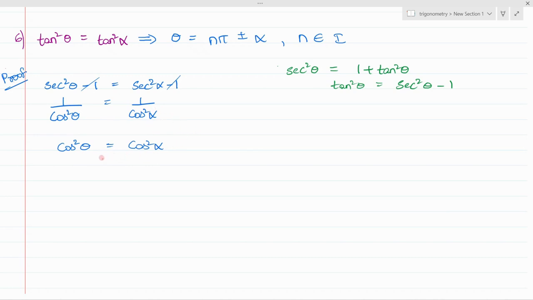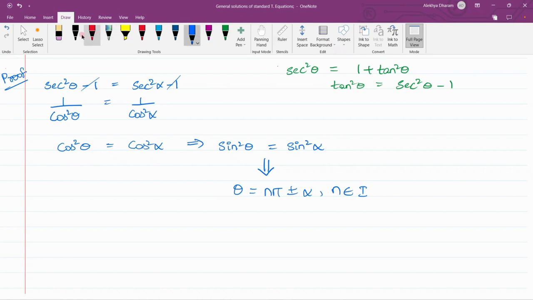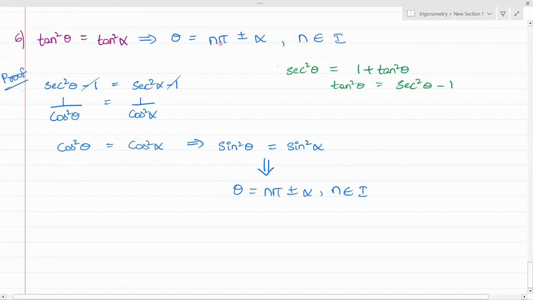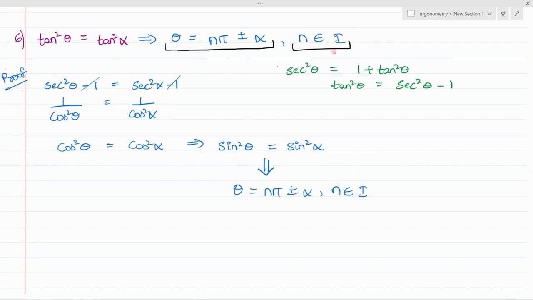Now again, just now we have seen the cos square theta is equal to cos square alpha is nothing but sine square theta is equal to sine square alpha. We know the general solution for this, that is theta is equal to n pi plus or minus alpha, where n belongs to all the integers. So that's the reason we have the general solution for tan square, that is theta is equal to n pi plus or minus alpha, and n belongs to all the integers.